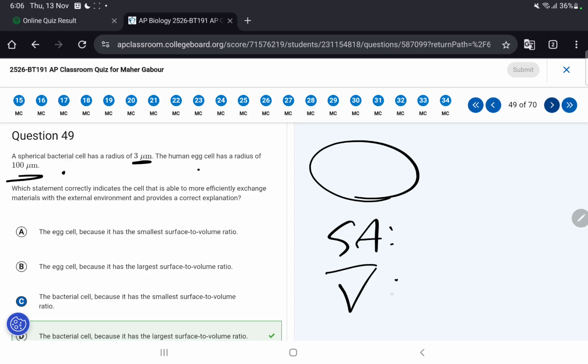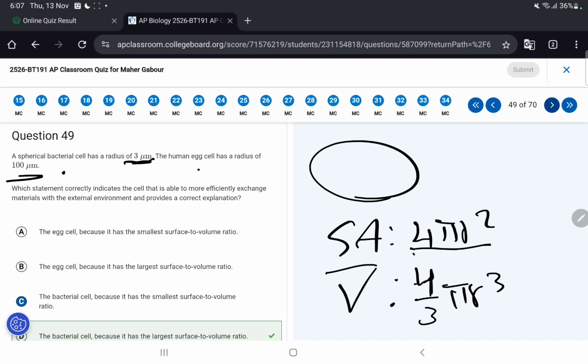The surface area, you find it by 4 pi r squared, and the volume you find it by 4/3 pi r cubed. You find the answer for each, so you substitute 3, then you substitute 100 to find the surface area of both, and then you substitute 3 and 100 to find the volume of both.